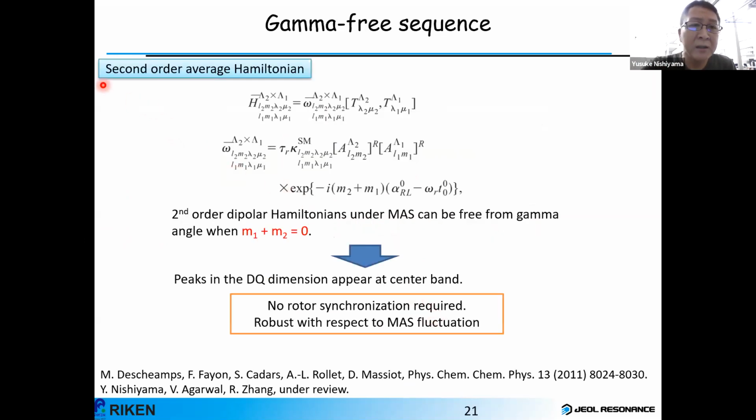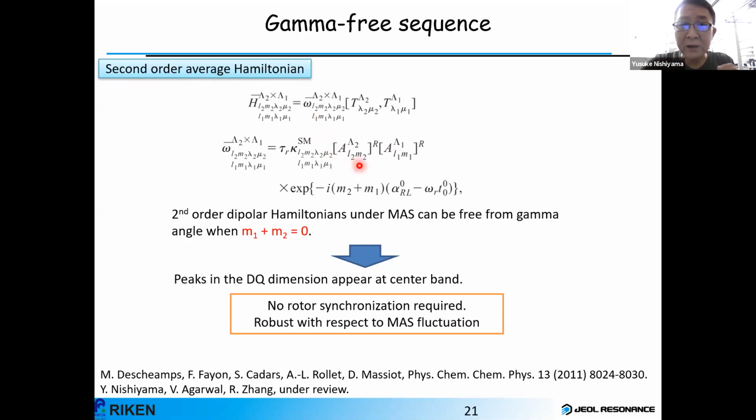Now we are working on second order average Hamiltonian. We already know the first order average Hamiltonian inevitably depends on gamma angle when we decouple anisotropic interactions. However, if you look at the second order average Hamiltonian, this is something different.